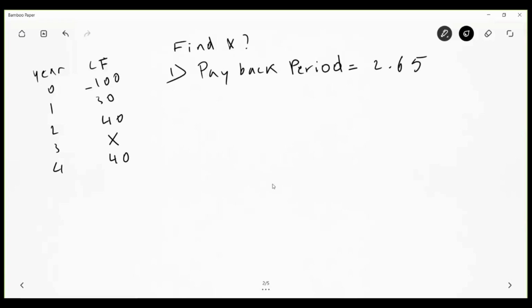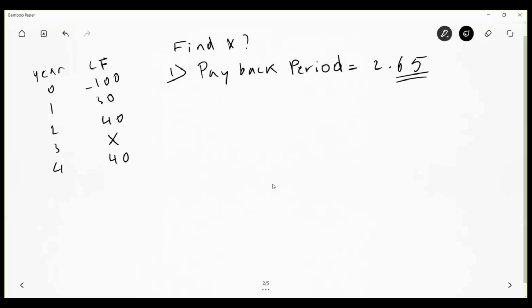So in this case, if the payback period is 2.65, this means that I will recover my initial investment during the 3rd year. And the fraction that I need here is 0.65 or 65% of that 3rd year.